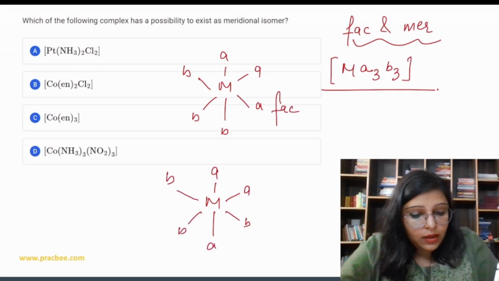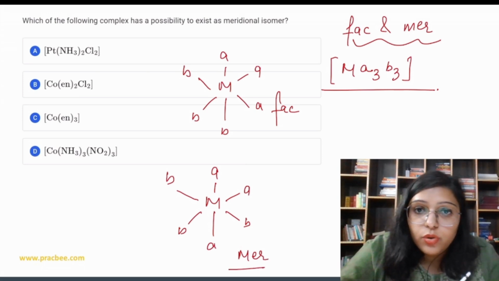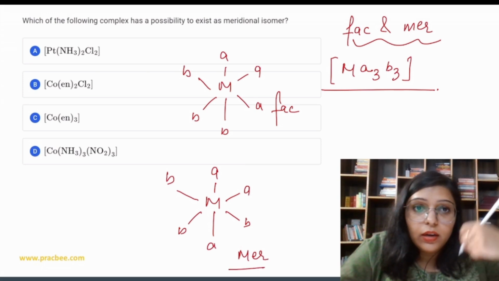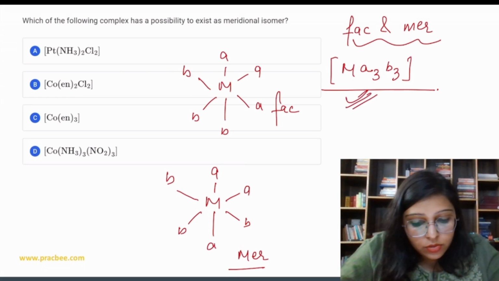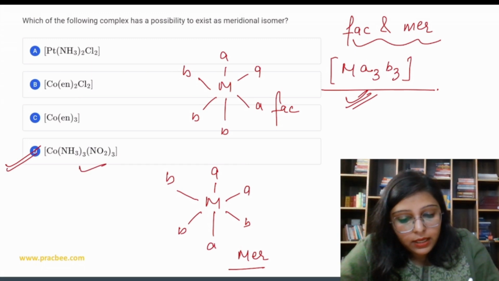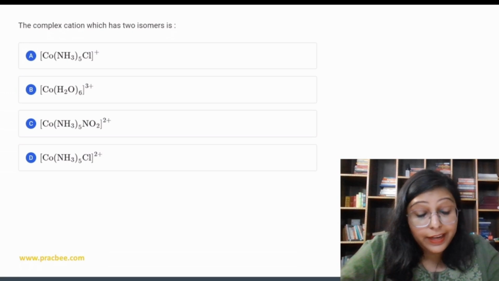So this is fac, this is mer, facial and meridional. You have to compare the complex with this. So if we see, option D is the correct answer. Okay, now let's do the next question.